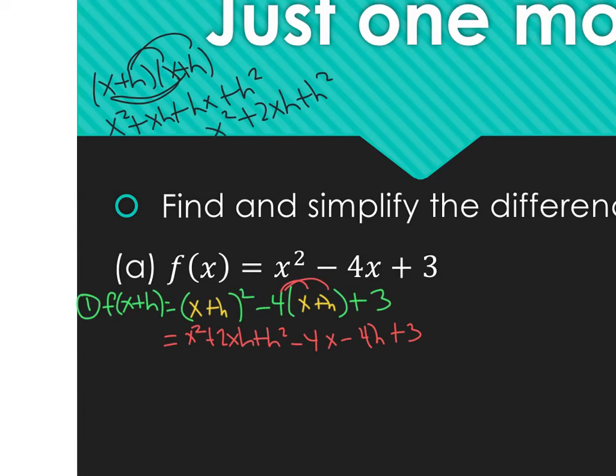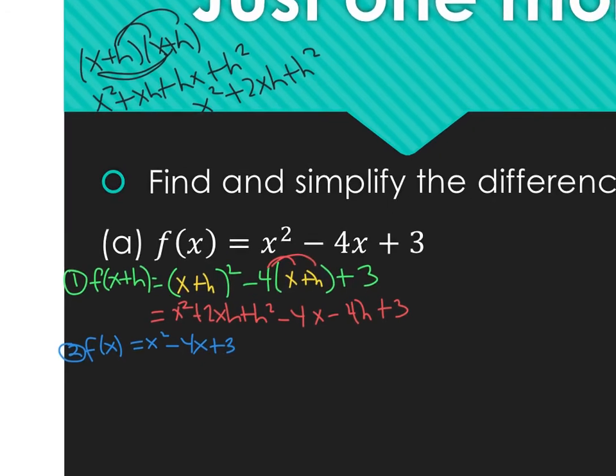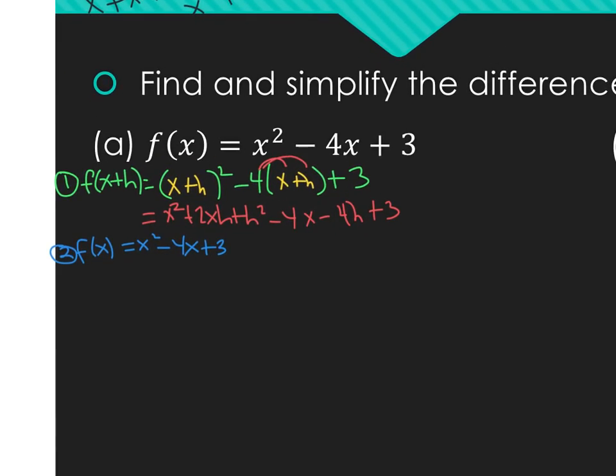And now we're ready for step 2, which is to recopy our original function. And then our next step is to do the difference quotient. Okay, so if you've forgotten what that is, remember you'll do f of x plus h minus f of x all over h.